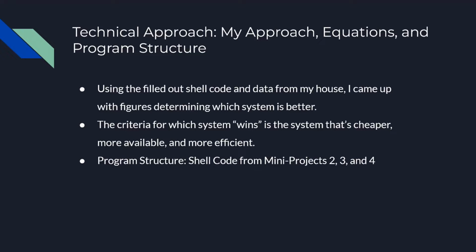Some criteria I came up with is the system that's cheaper, more available, and more efficient will win for the better system. The program structure is just all the shell code from mini projects 2, 3, and 4, as well as the financial functions that were provided for this project, like the NPV functions and the initial cost and annual cost.